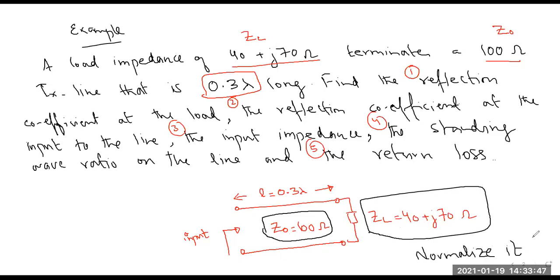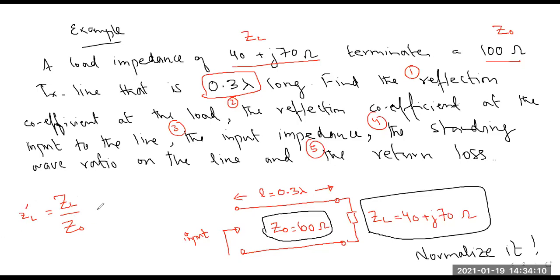So how will you normalize it? You will divide the actual ZL by Z naught. And this will give you the normalized load, and we usually use this symbol for normalized load, that is small zl dash.